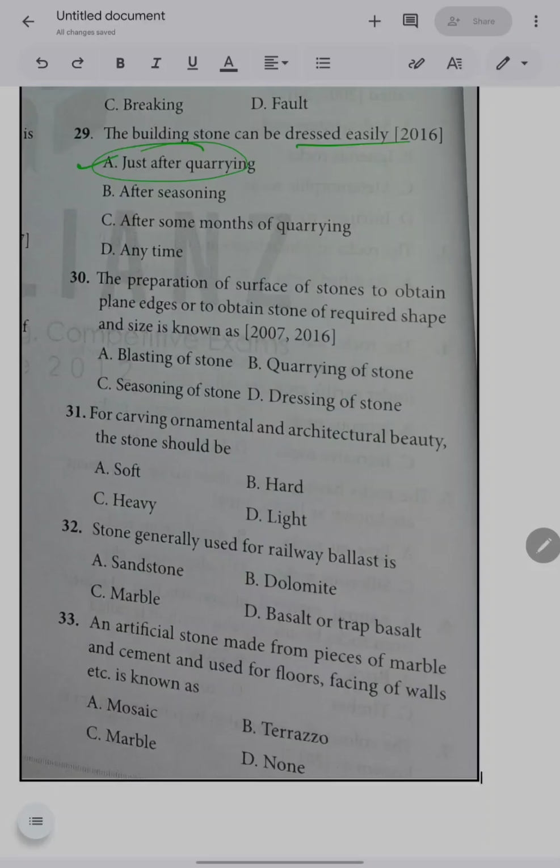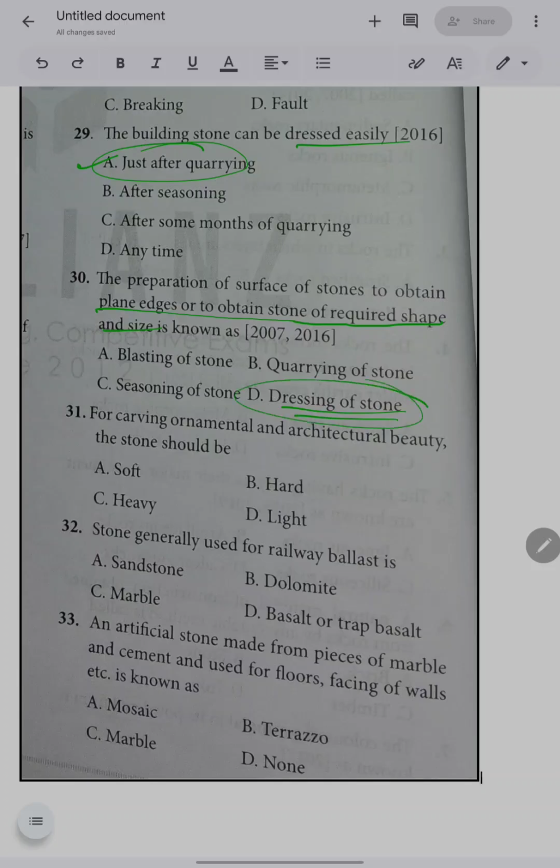The preparation of the surface of stone to obtain plain edges or stone of required shape and size is known as blasting of stone, quarrying of stone, seasoning of stone, or dressing of stone. It's a very easy question. It is known as dressing of stone.